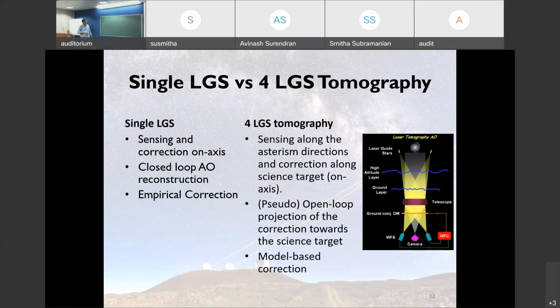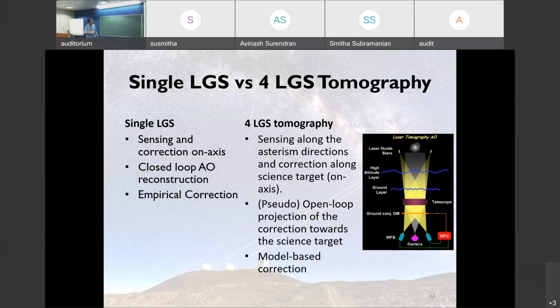But for tomography, the problem is that atmospheric turbulence observes the statistics called Kolmogorov statistics, and the wavefront which you get after the AO correction does not behave in a Kolmogorov manner. So you cannot insert your model.